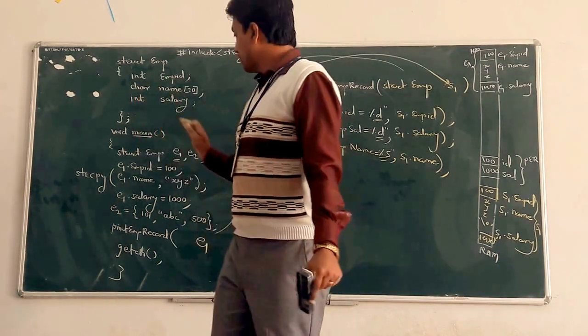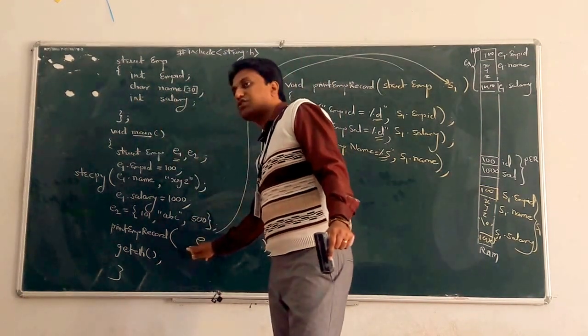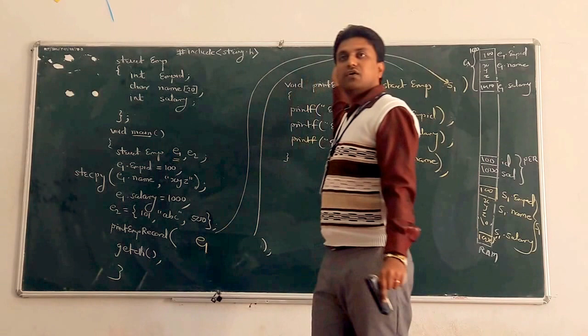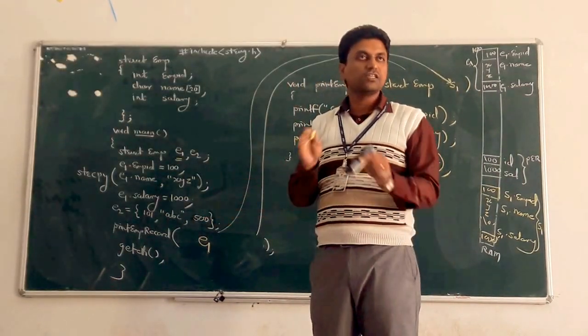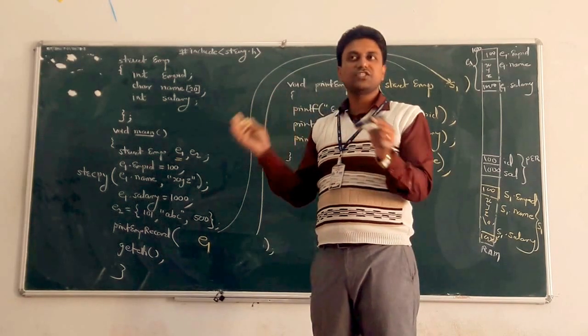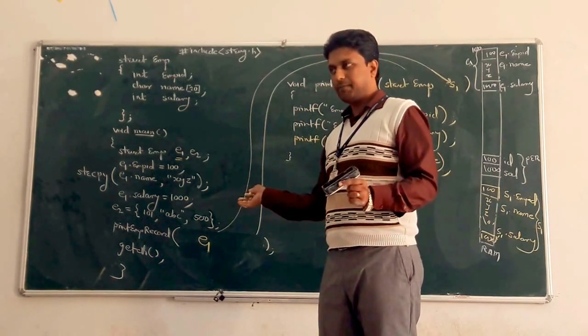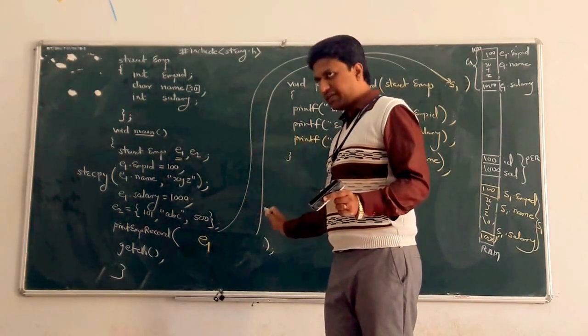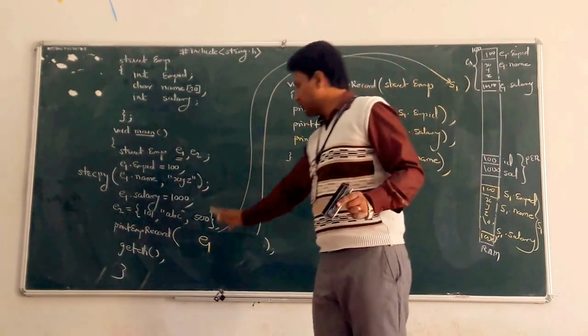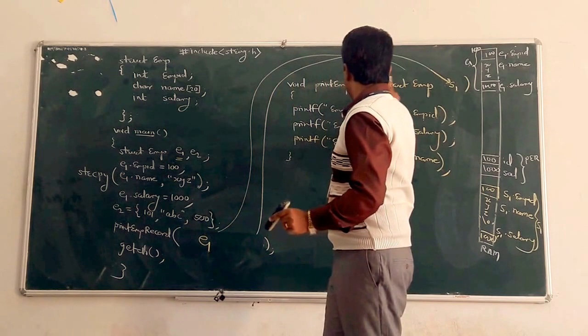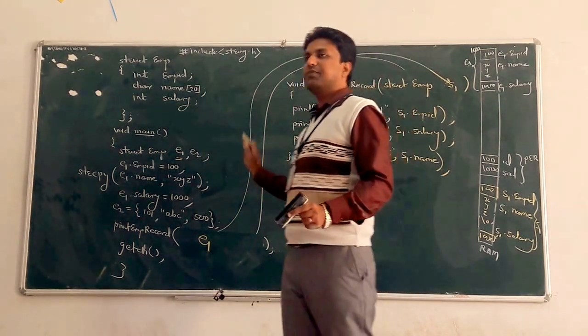So here we pass the structure variable to a function, the total structure variable, not the data members of the structure variable separately. But what is the main point? That we can assign one structure variable to another structure variable if and only if both have the same type.